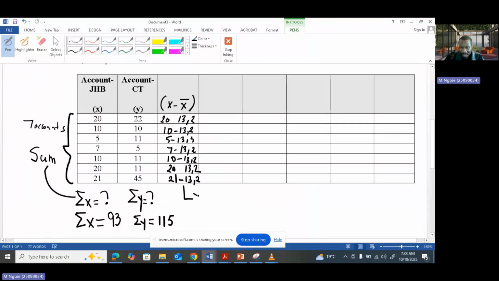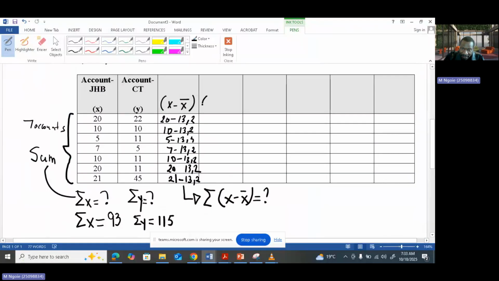And when you are done getting all your answers here, you can also do the sum of this column, right? This you can practice at home.